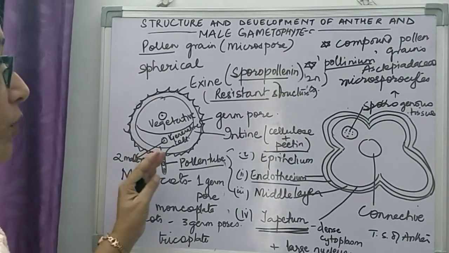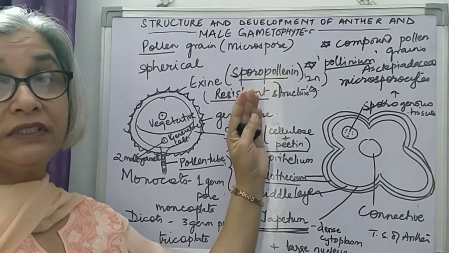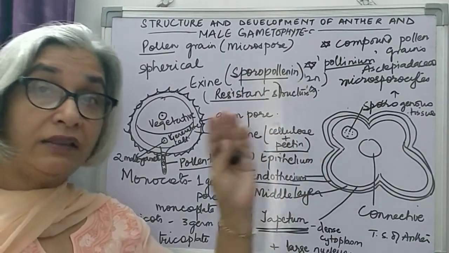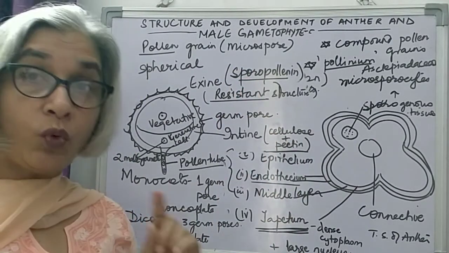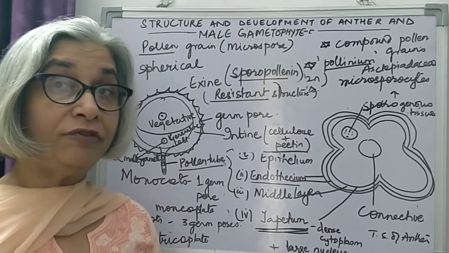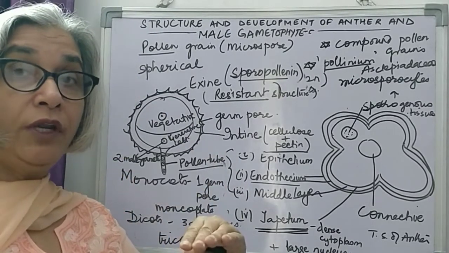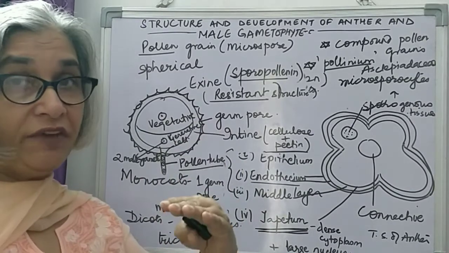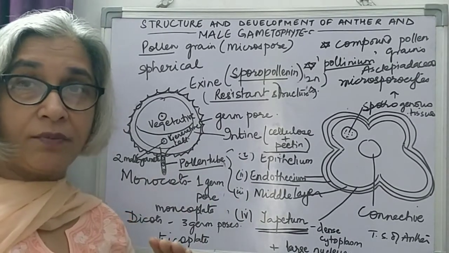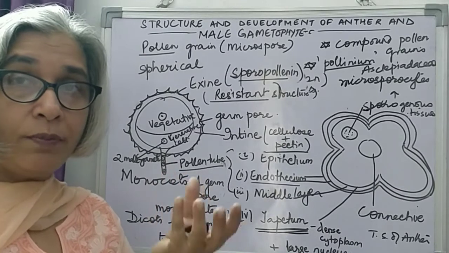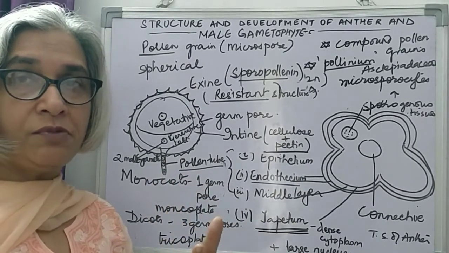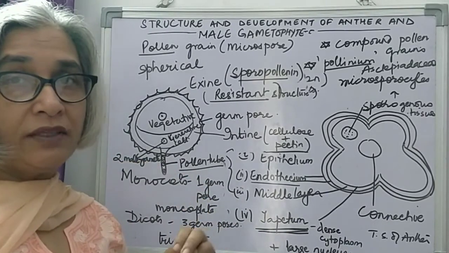So when the pollen tube starts developing at the time of pollen germination, which takes place on the stigma of the flower, that is the landing place for the pollen grains. So with pollination, when the pollen grains reach the stigma, they absorb water and sugary substances produced by the stigma.